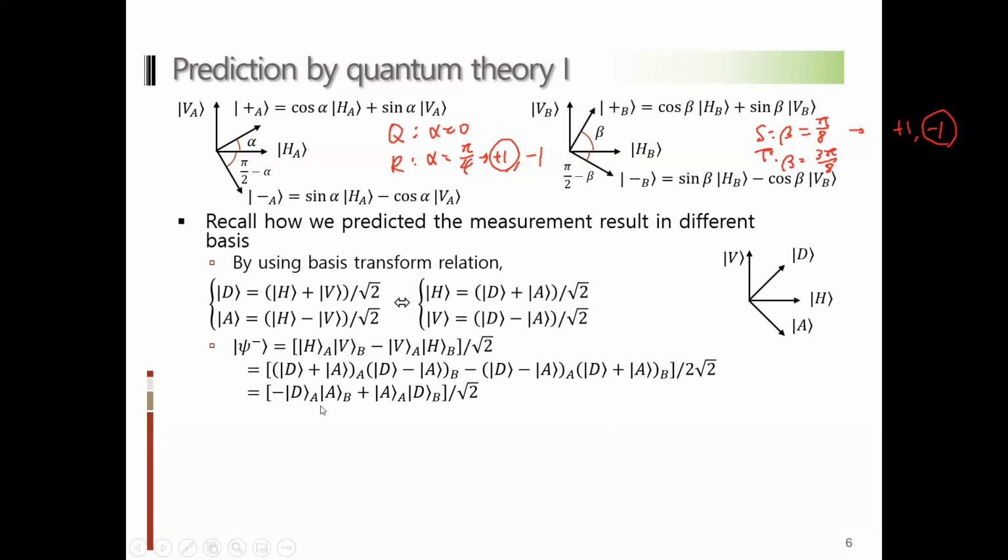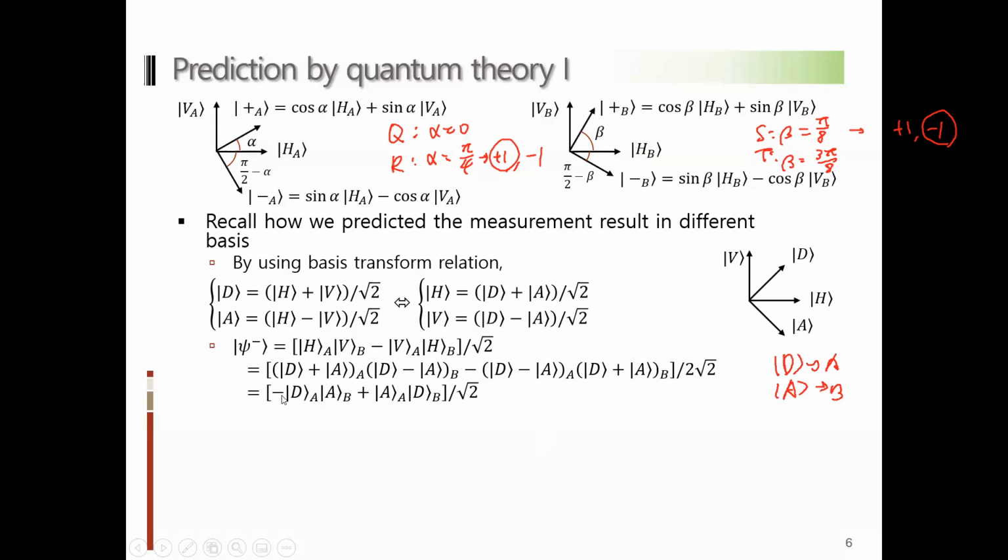And if I was interested in measuring the diagonal basis for Alice and the anti-diagonal for Bob, that kind of basis corresponds to here.